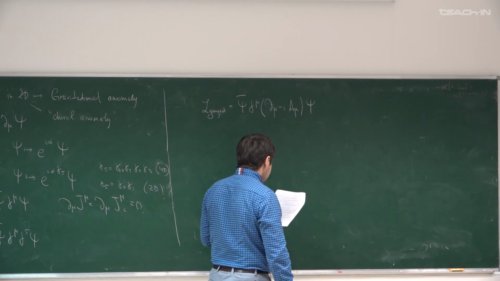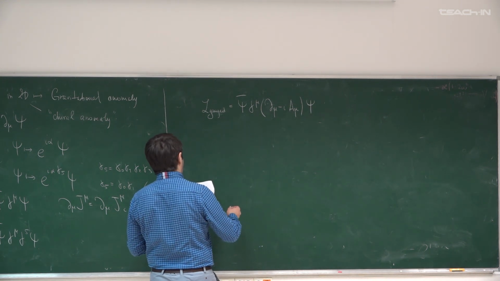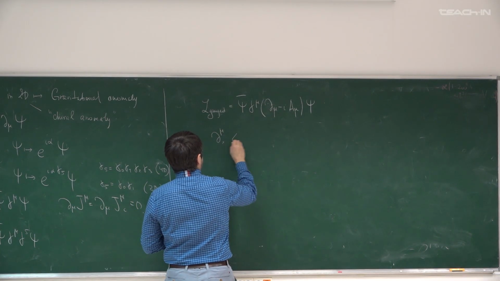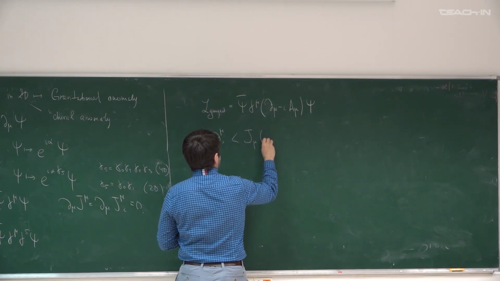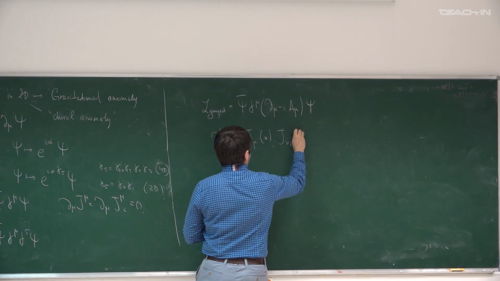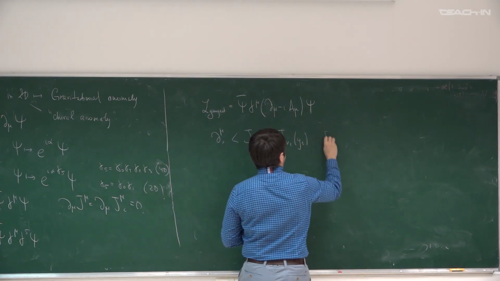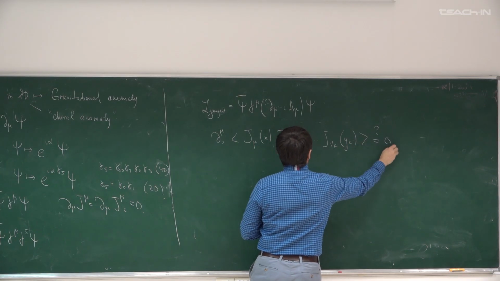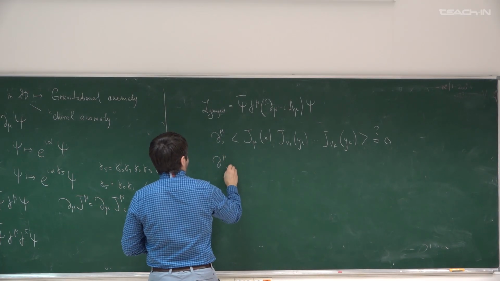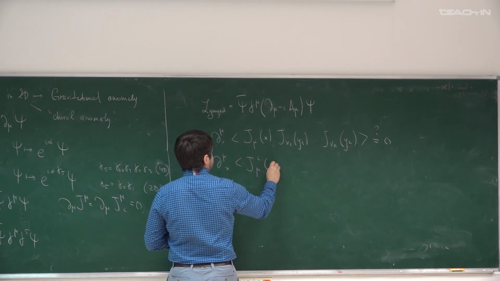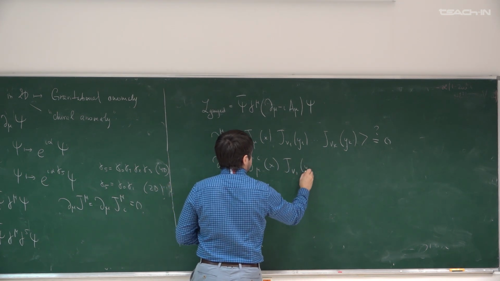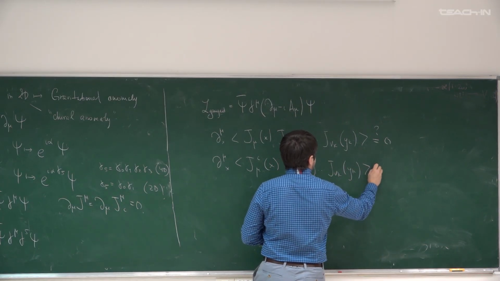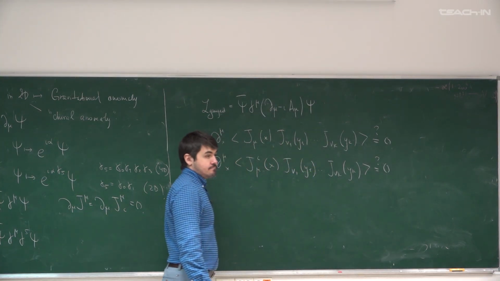In other words, we want to check whether the correlation functions such as the divergence d mu of J mu of x, with J nu 1 at y1 through J nu k at yk, vanish.